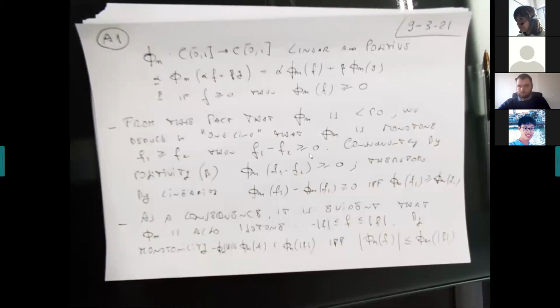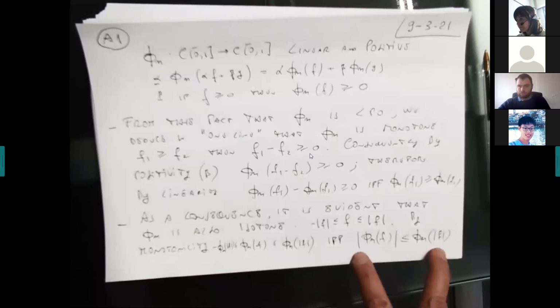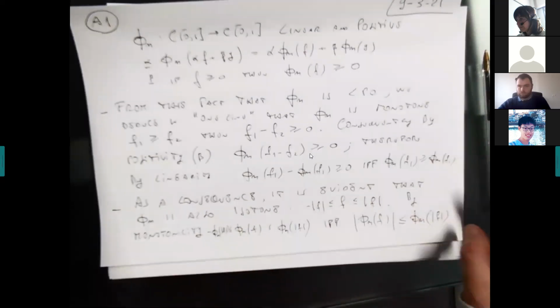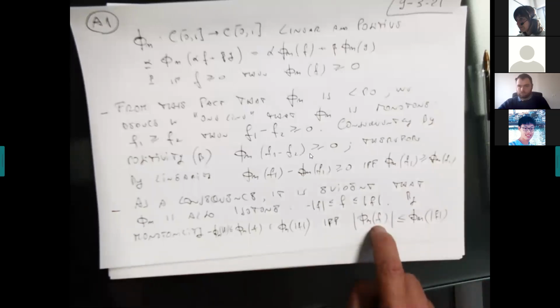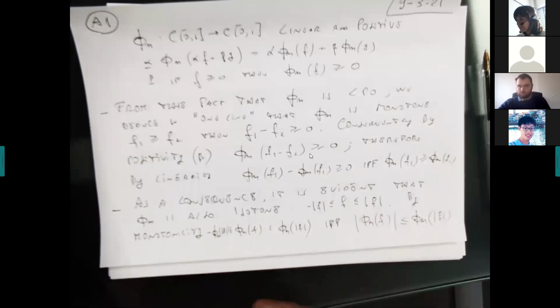The integral of a linear combination is a linear combination of integrals, and the integral of a non-negative function is non-negative. So it's a special case of linear positive operator. So this relation, which is written here, you know from a very special linear positive operator, which is the integral. But this is a general property for any linear positive operator: the modulus of phi n of f is bounded by phi n of modulus of f.